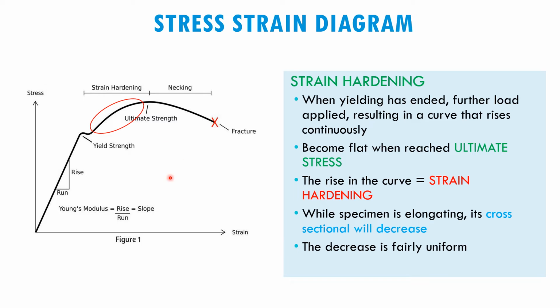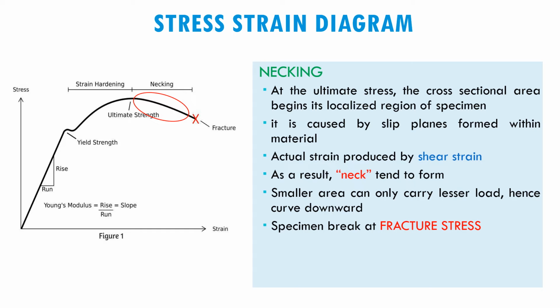While the specimen is elongating, the cross-sectional area of the body also starts to decrease uniformly. Next, after we reach the ultimate strength here, necking will start to take place.